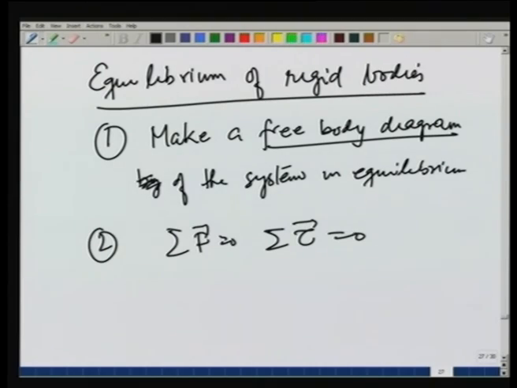So, this is a brief introduction to equilibrium of rigid bodies. In the coming lectures, we will be applying this condition to a very special engineering structure called trusses.